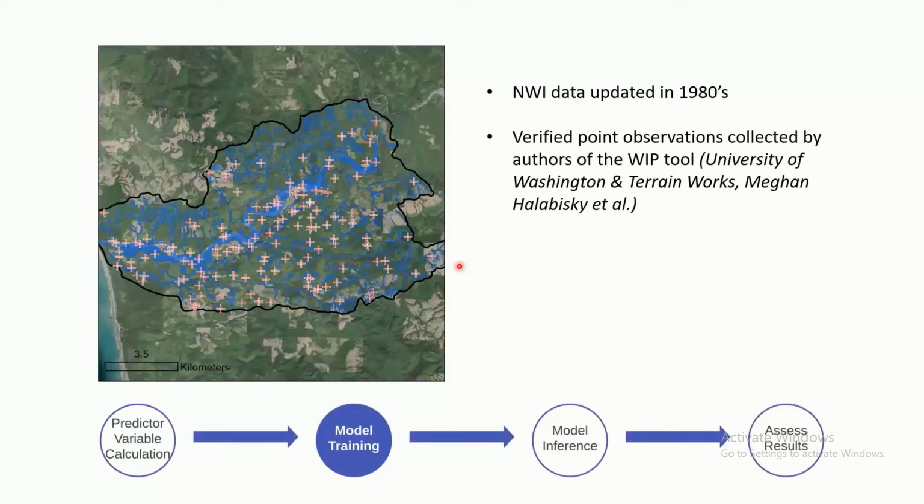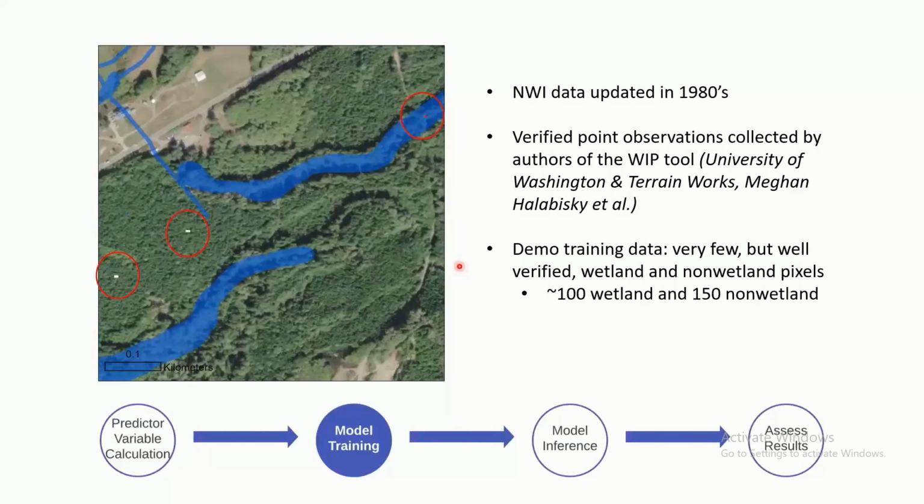So what the authors of the WHIP tool from University of Washington and TerrainWorks were able to share with me were a set of their own point observations that they looked at using NWI, aerial imagery, and field visits to hone in on some point observations that they're very certain in, being wetland versus non-wetland. So what we're using in this demo for training data is actually just a very small but well-verified set of wetland and non-wetland pixels.